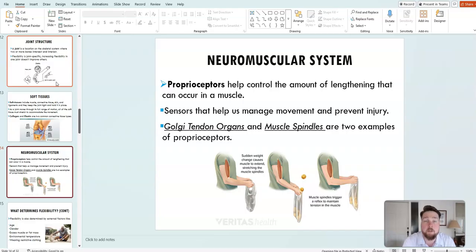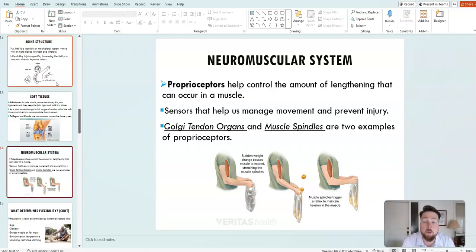If I'm trying to do a split and I go down far enough, those proprioceptors are going to be firing off from those soft tissues in that part of the body, and it's going to be saying, "Hey, don't go down any further, otherwise I might get injured."